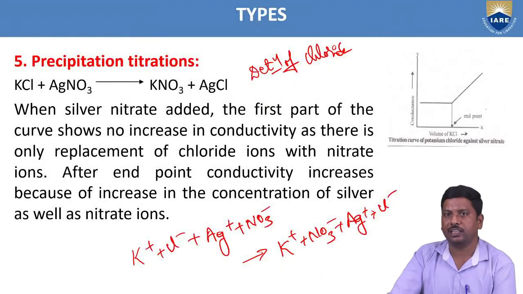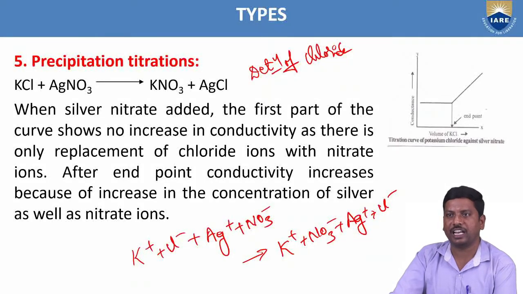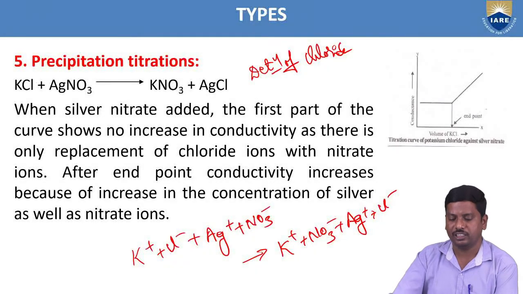So initially the potassium chloride, being a strong electrolyte, starts with high conductivity, but it reacts with the silver nitrate. The ionization constant is very less. That means there is no gradual change in the conductivity. That means it gives the horizontal curve.